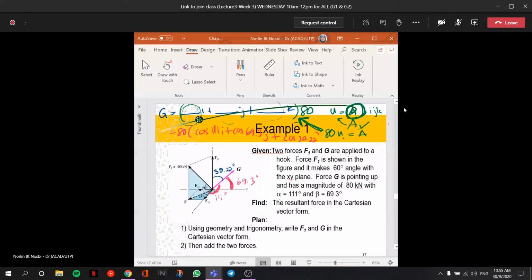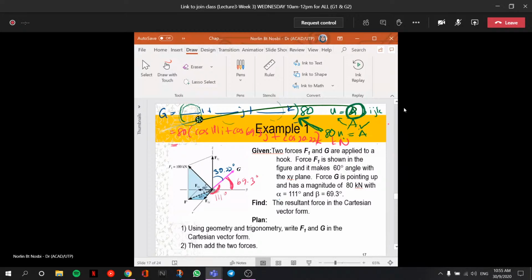Then you multiply all of these: 80 times cos 111, 80 times cos 69.3, 80 times cos 30.22. So each of it, you will get the value.